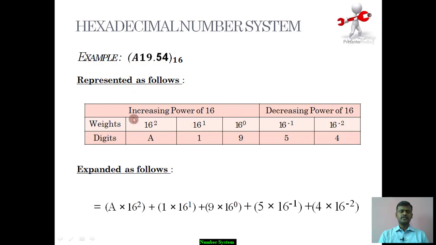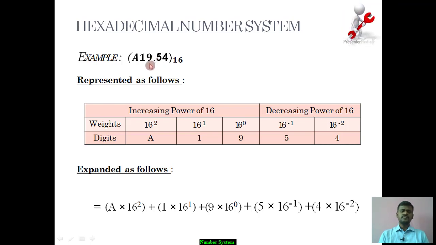You can see here we have written increasing powers of 16 and decreasing powers of 16. First we will write the digits, that is A19 and 54, A1954, in the digits section. Now we will assign the weights for these digits. The weights start with 0 on the left side of the fractional point.